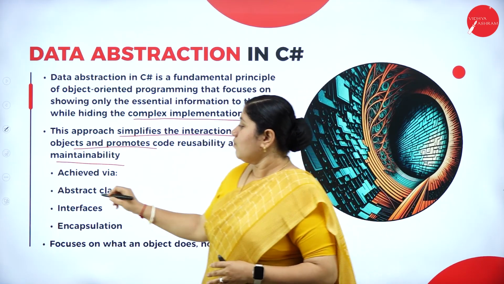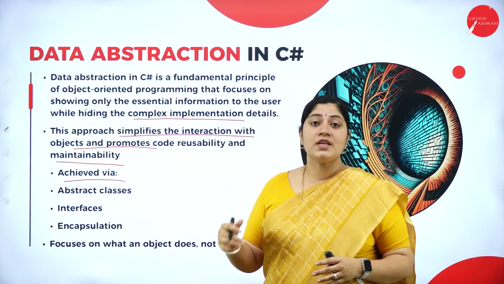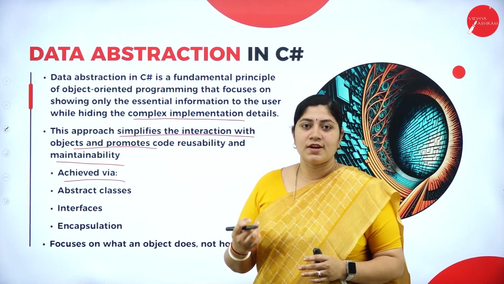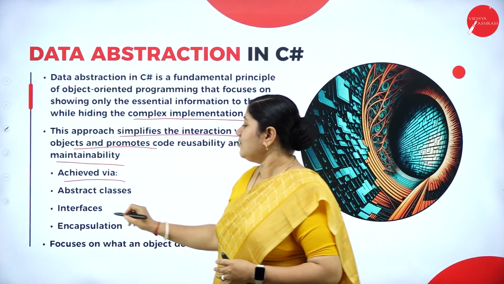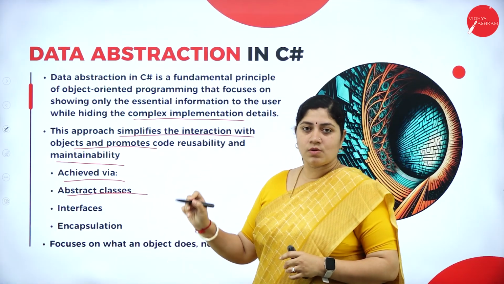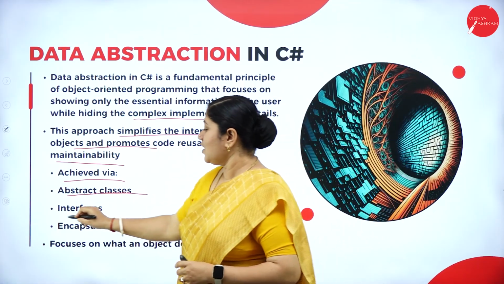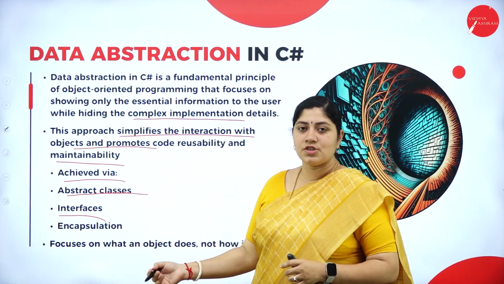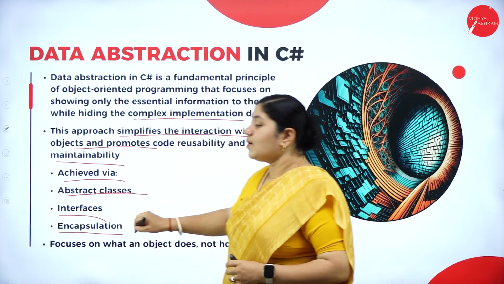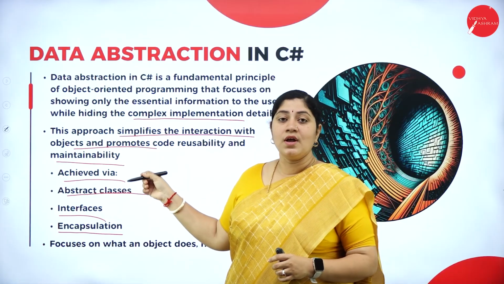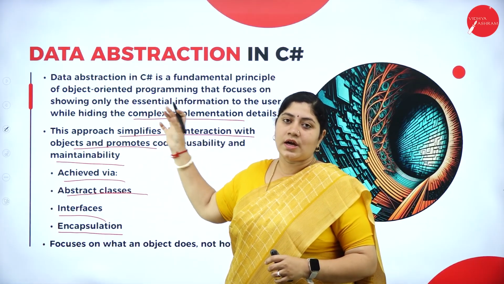Now, let's see how this data abstraction is achieved. Yes, absolutely. Data abstraction is achieved via abstract classes. We can also say by using interfaces as well as encapsulation. So by using any one of these things, we can obtain data abstraction.